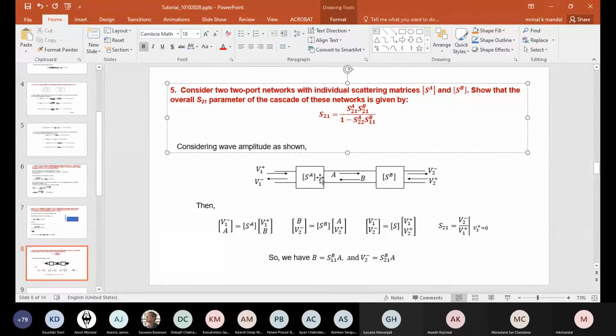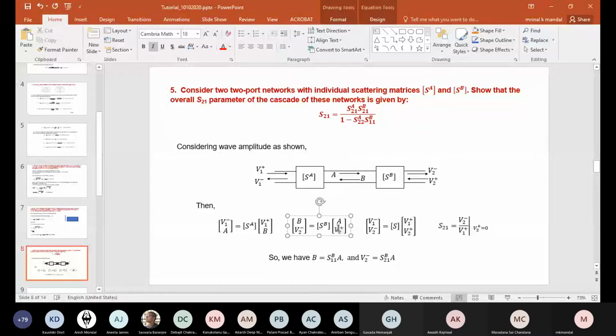If you recall, for the S parameter, the reflected voltage wave is represented in terms of the incident voltage wave. So for the first network, by definition, the input side reflected voltage is V1 minus, and the output side reflected voltage is A. Then V1 minus and A equal the 2 by 2 S matrix of the first network multiplied by the V1 plus and V vector.